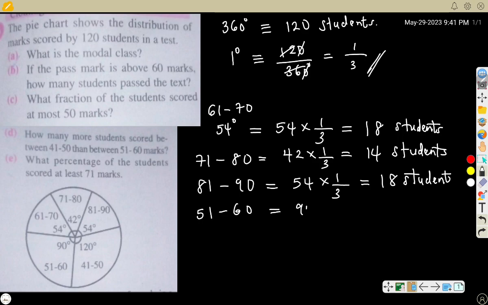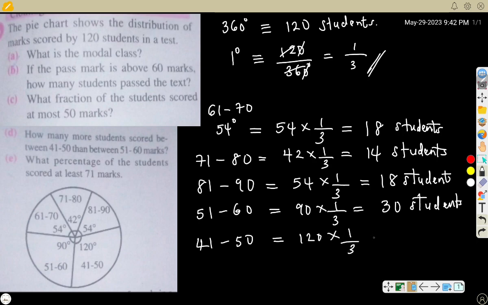So that is 90 times 1 over 3, so that's 30 students. Then 120 degrees will be 41 to 50. So that is 120 times 1 over 3, so that is 40 students.